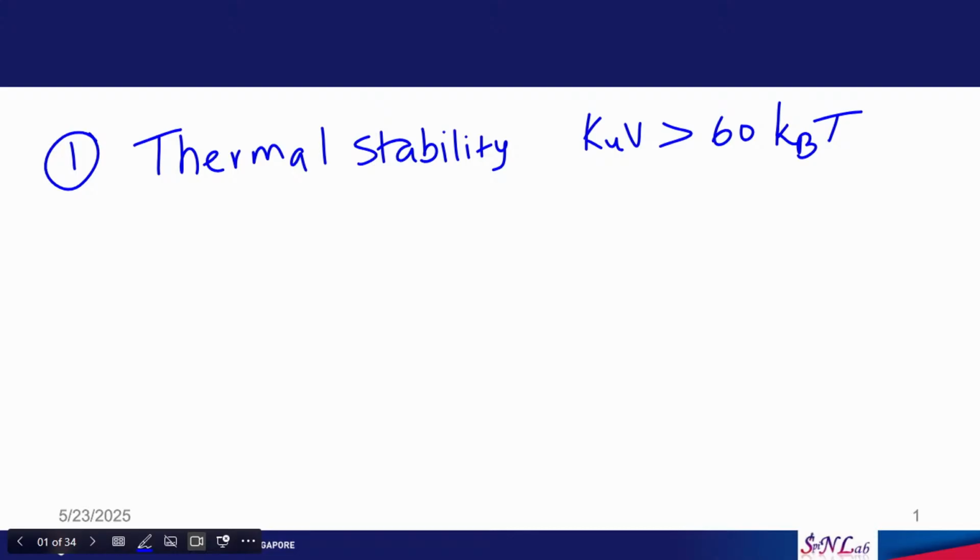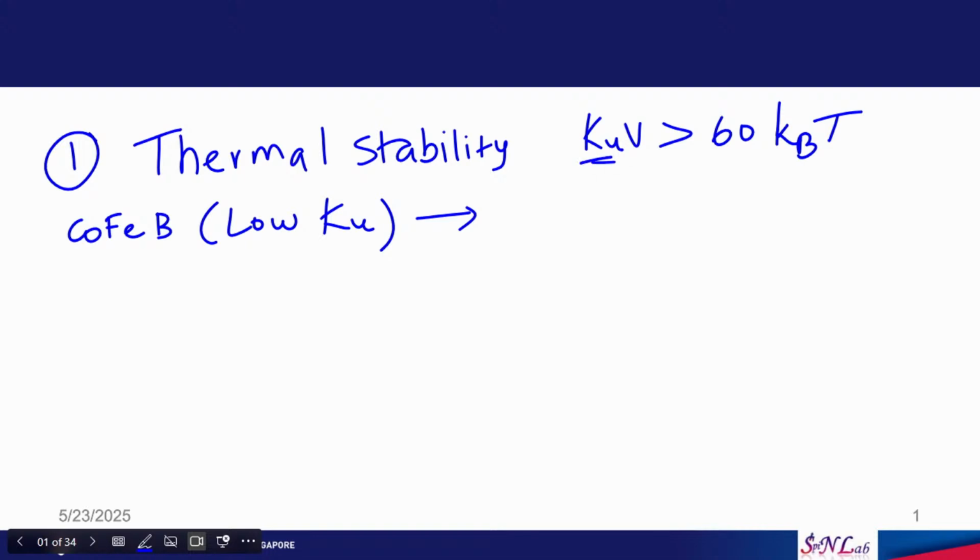Okay, so, in the case of in plane MRAM, we are using materials like cobalt iron boron with a low Ku. Okay, so, as a result, the KUV is not high.